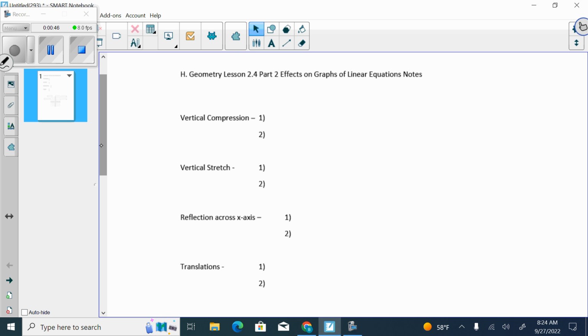Okay, so when you have vertical compression, this means your graph is getting flatter. As far as numerically, this means that your slope is decreasing.